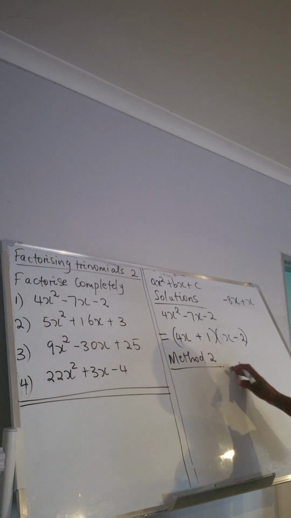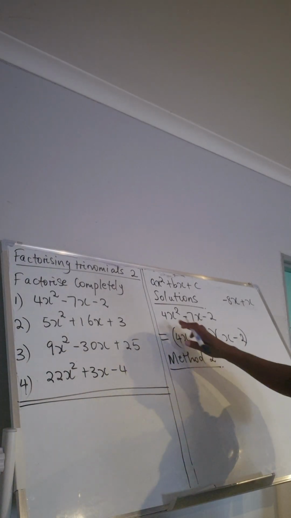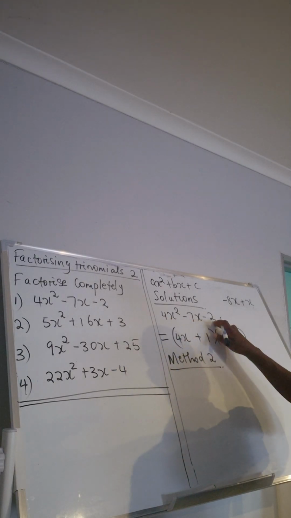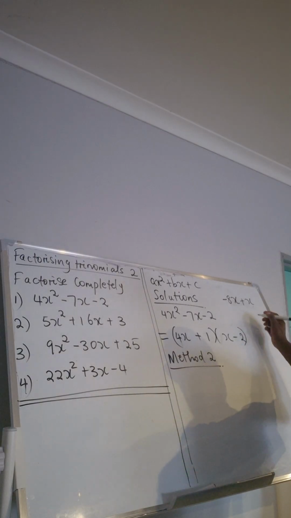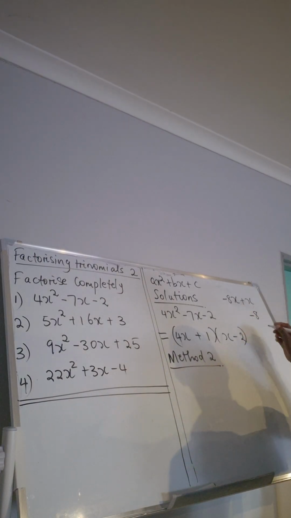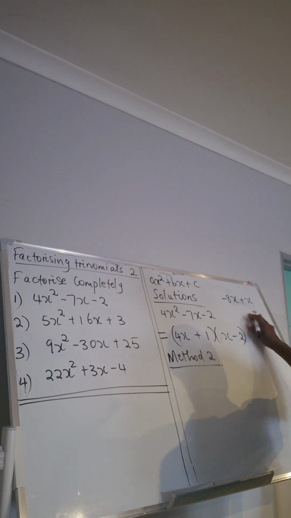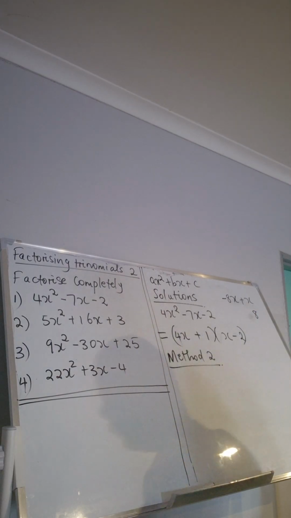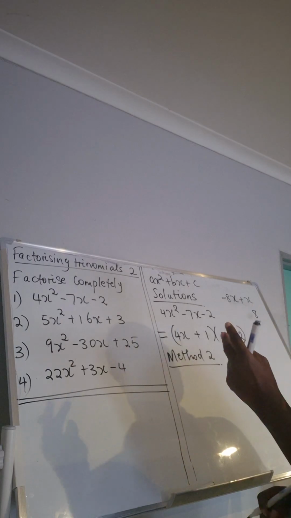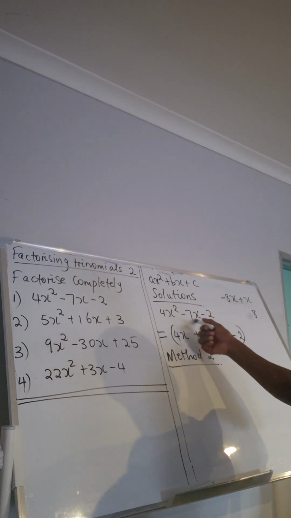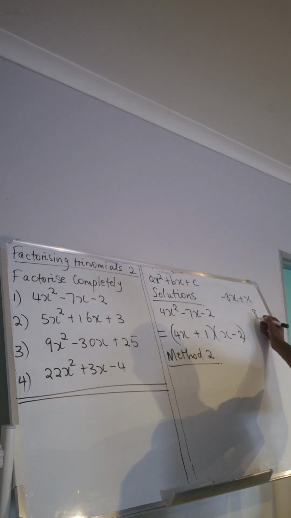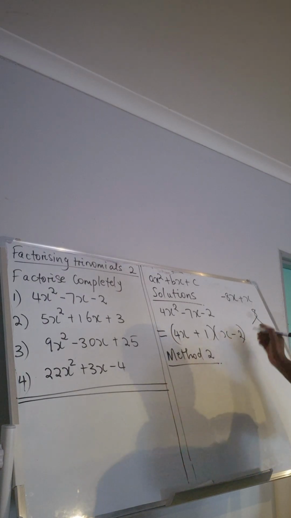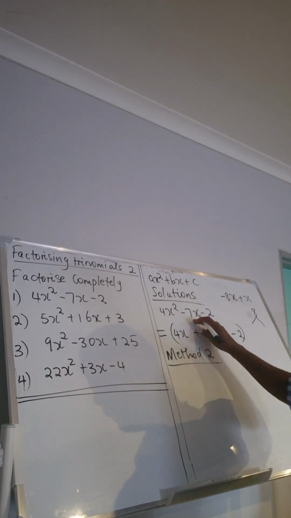Method 2, you are going to multiply this 4 times minus 2. You get minus 8. So now, let's just use 8. Then the factors of 8 that we are going to use so that we can break this minus 7x. Factors of 8, obviously, we are going to have 8 and 1, where we can break minus 7.